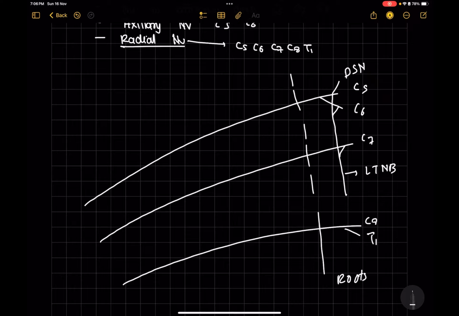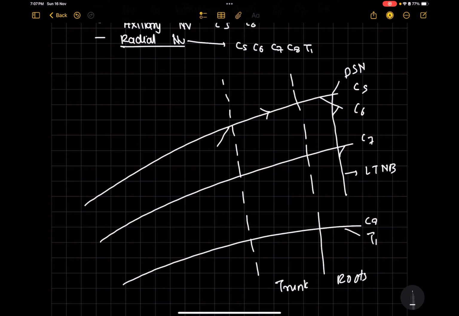Now from roots we move on to trunks. So this would be your upper trunk, this would be your middle trunk, this would be your lower trunk. And yes, 2 nerves do arise from the upper trunk, that is nerve to subclavius and suprascapular nerve.